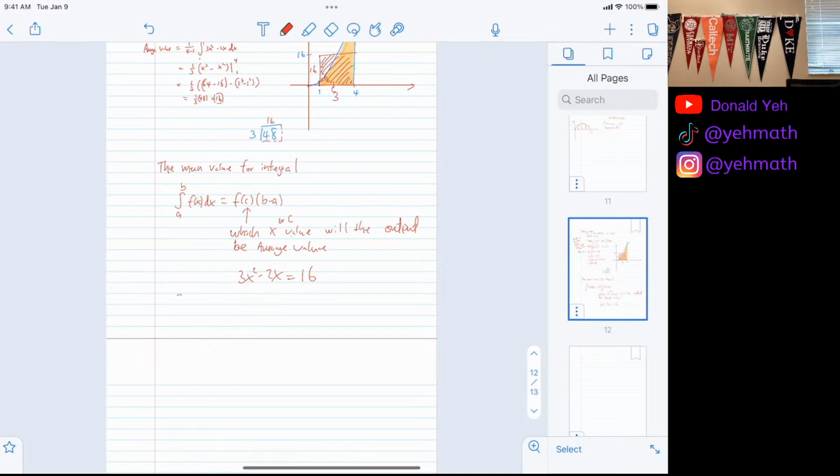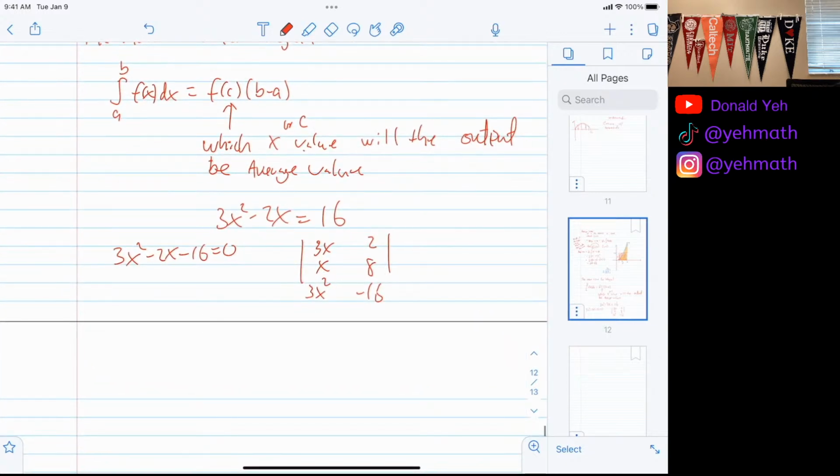And you can actually do a factoring. A lot of you guys didn't know how to factor before. Please know how to do a box method: 3x squared minus 2x minus 16. Unless you are Asnai, who can factor something very difficult using factor by grouping. Okay, so this one's going to give you 6x, 8x, negative 2x.